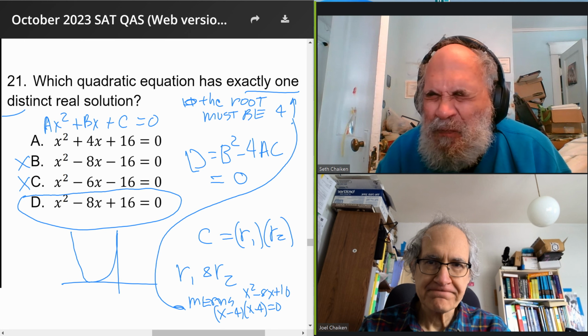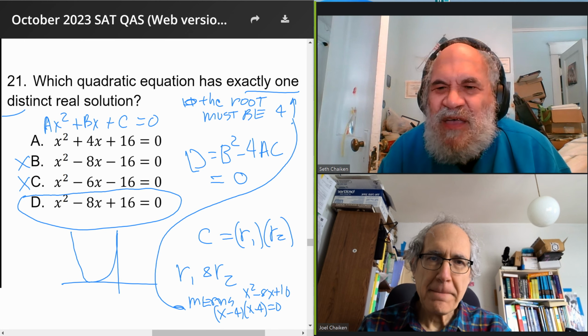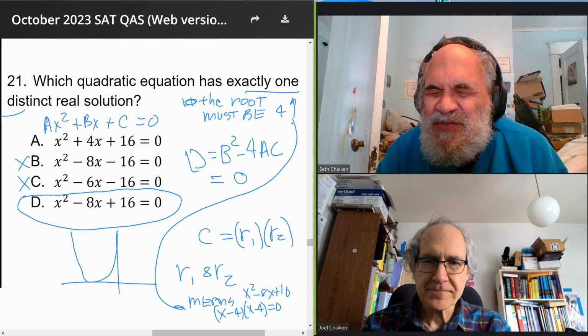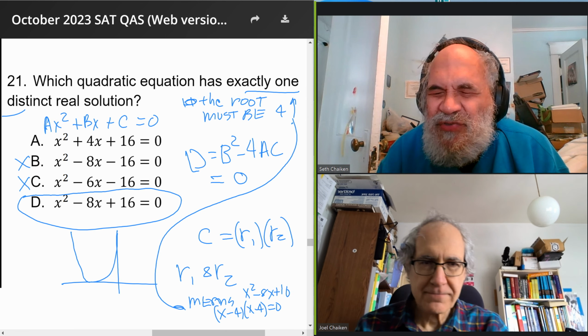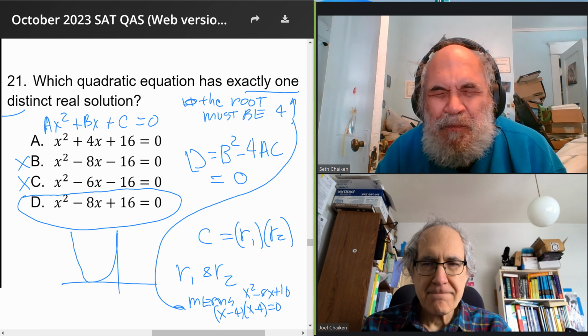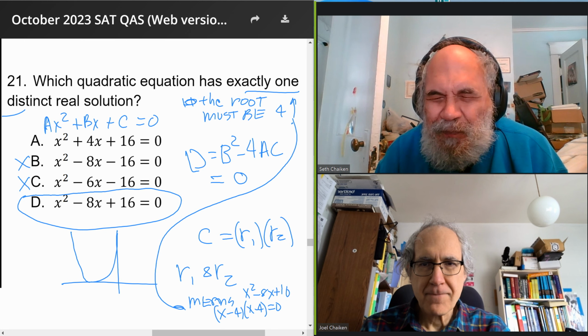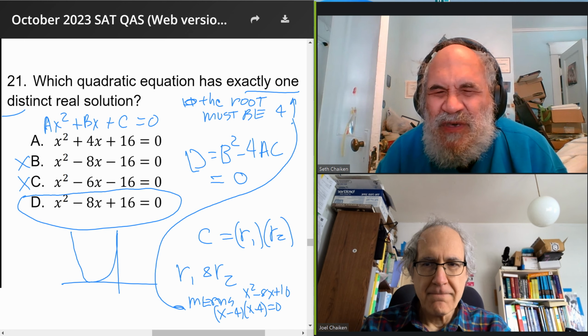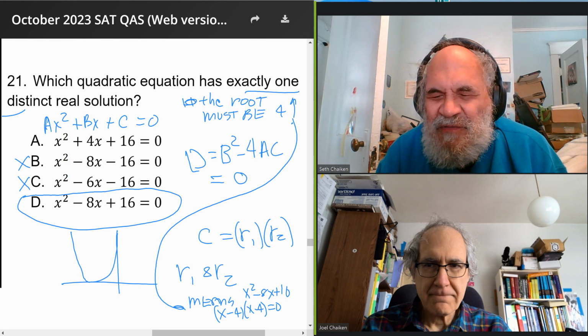So I guess a quicker way is to use the fact that they gave you the equations in multiplied out form, in monic form.